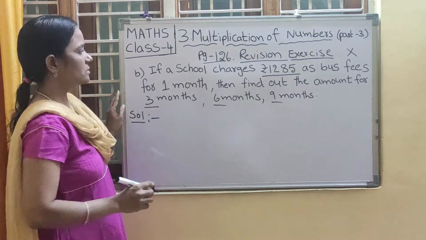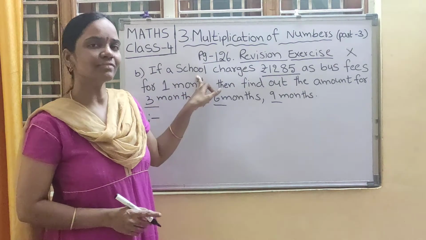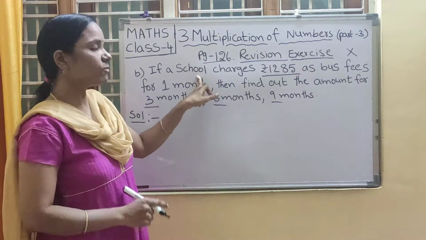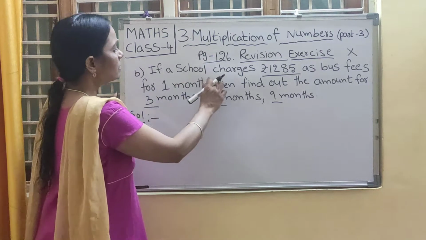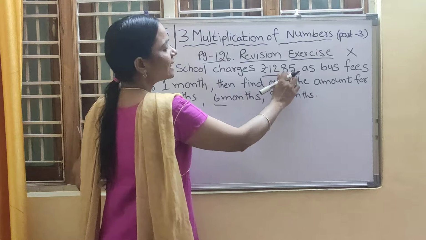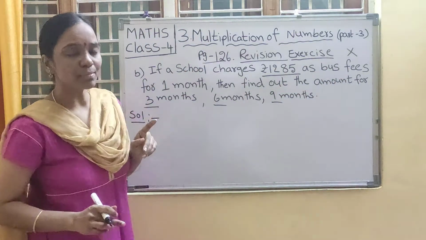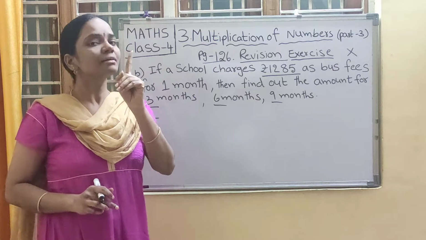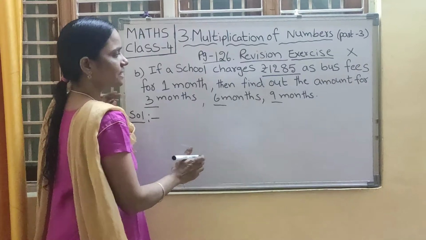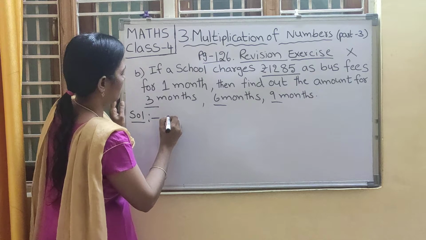Statement 1. So statement 1 you will get from sentence 1 only. What is sentence 1? If a school charges 1285 rupees as bus fees for 1 month. So what is the bus fees for 1 month? Very good. 1285 rupees.